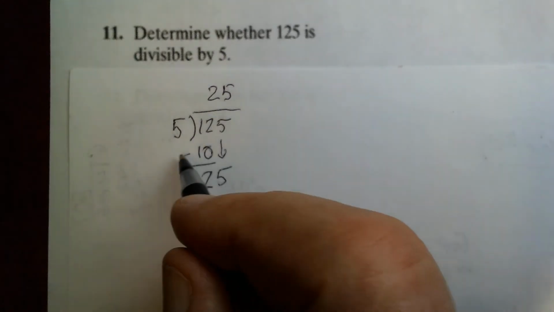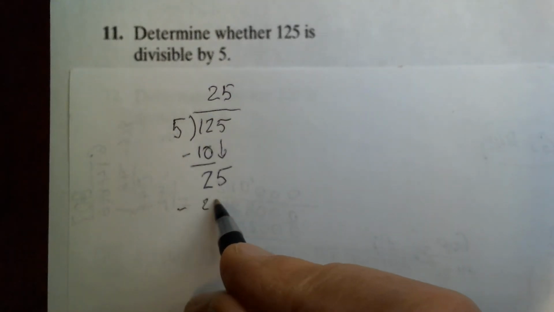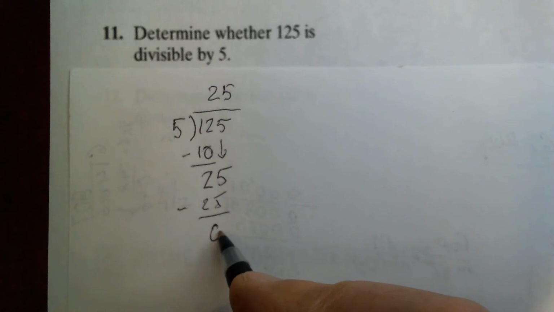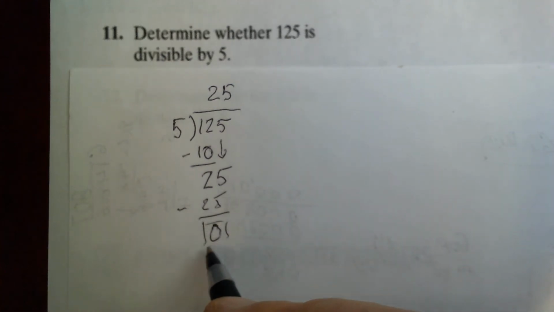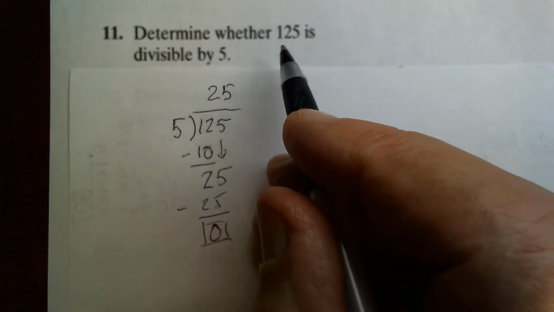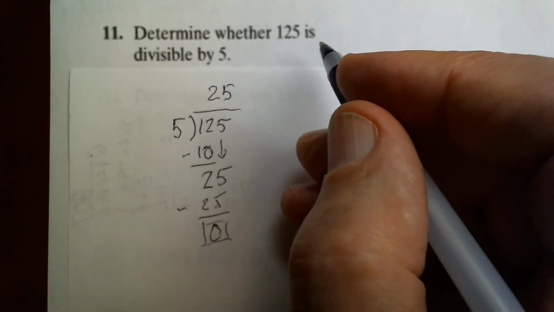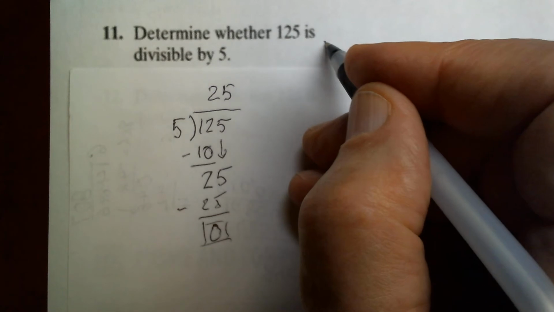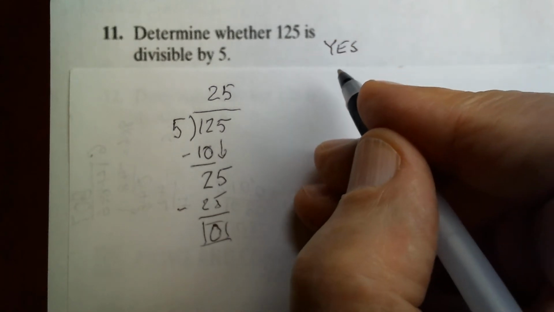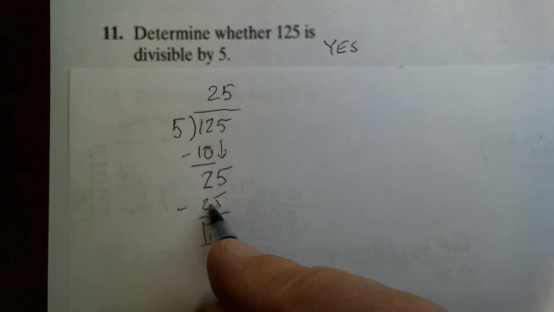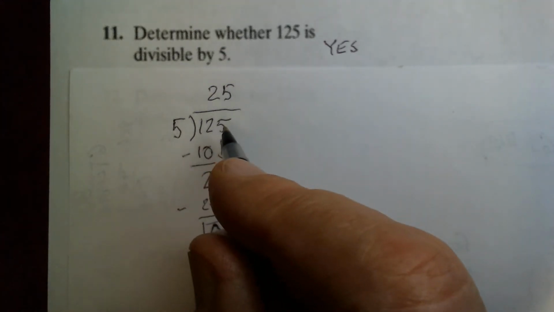And so 5 times 5 is 25, we subtract. So the remainder is 0. And since the remainder is 0, we can conclude that 125 is divisible by 5. So the answer is yes.